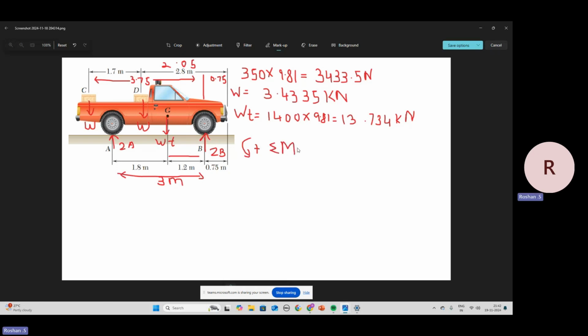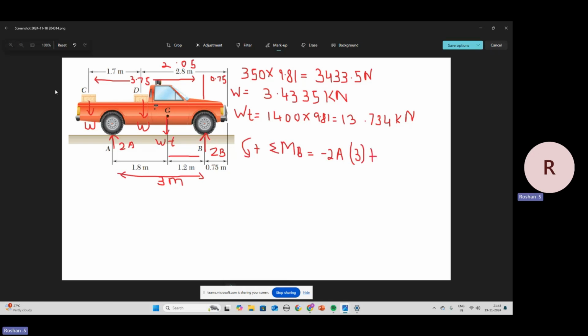Summation of moment at point B equal to this 2A is in clockwise direction, that is in upward direction. So it's opposite to what we have considered. So I can take it as minus 2A into the distance 1.8 plus 1.2, 3 meters.